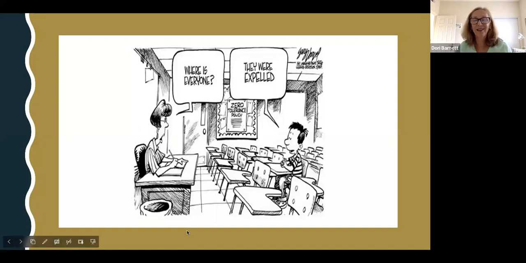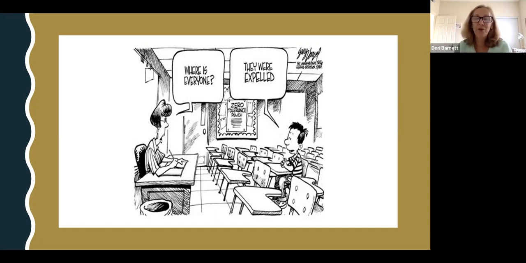This little slide is a cartoon, and the teacher's saying to, let's call him Timmy, "Where is everyone?" And he said they were expelled. About 10 years ago, I can tell you there were a lot of statistics that showed in California, particularly, the rate of suspensions and expulsions, primarily suspensions, had risen in some school districts as much as 25%.